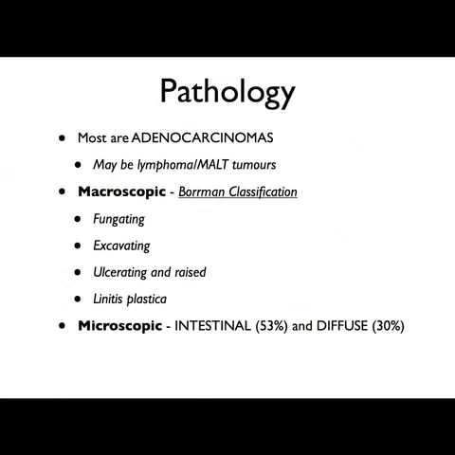Okay, so classification, we can do this into macroscopic and microscopic. What kind of classification is there on the macroscopic? It's the Borrmann classification. So fungating, excavating, ulcerating, and linitis plastica, which means a leather bottle.